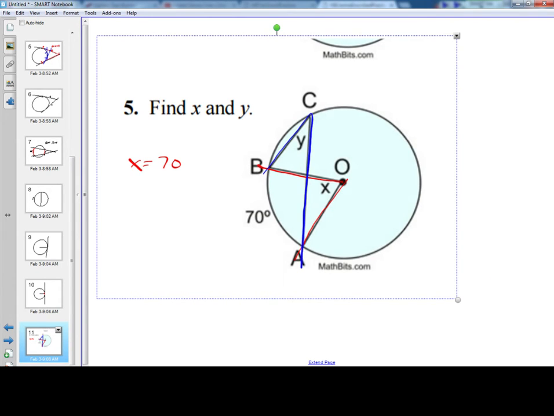Therefore, it's half of 70. Y is 35 degrees. And you're done. Even if the inscribed angle isn't right behind the center? No, inscribed is inscribed. As long as the vertex is on the circle, it is an inscribed angle, my friend.